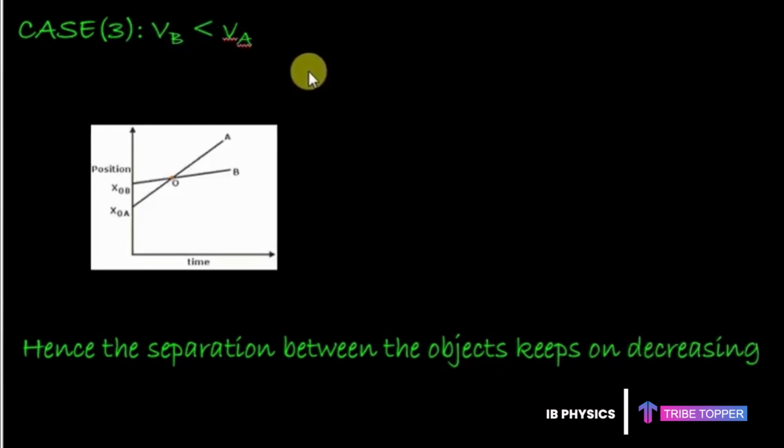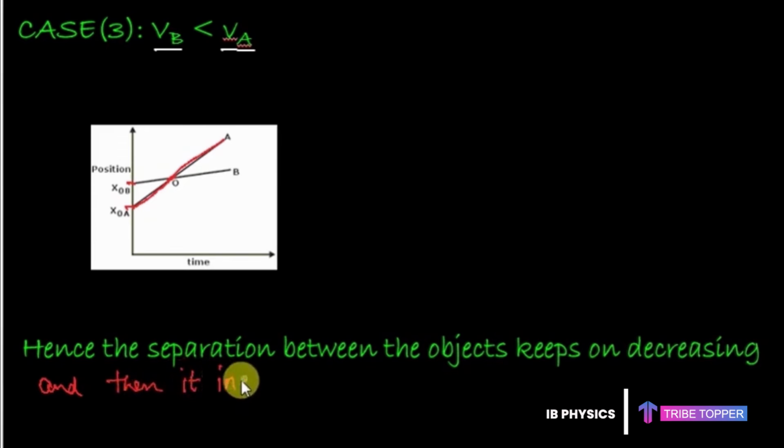And in the third case, when the velocity of object B is less than that of object A, that means the object which was initially behind, as you can see here, object A was initially behind object B, but after a certain time, because A was moving faster than B, it will just cross B and go ahead. So the separation between the objects keeps on decreasing, and then it increases again, right?